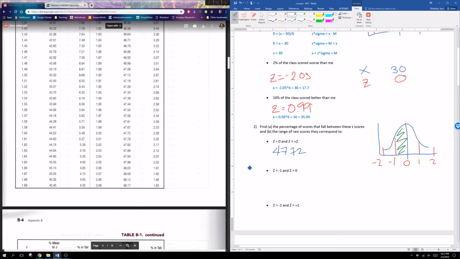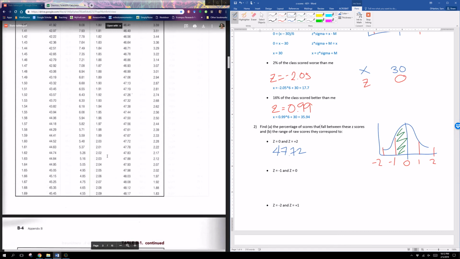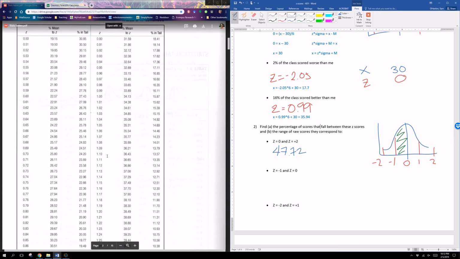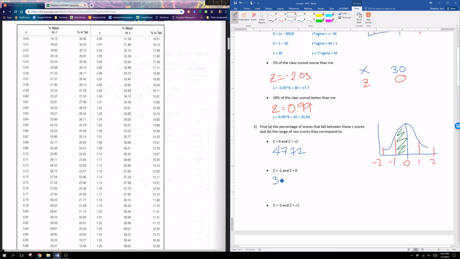So we look for a z-score of 1. Okay, so we've got a z-score of 1, and we are asked for between 1 and the mean, so that is 34.13.